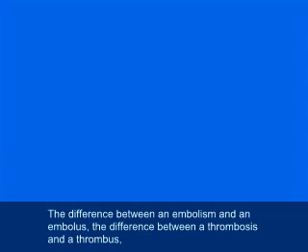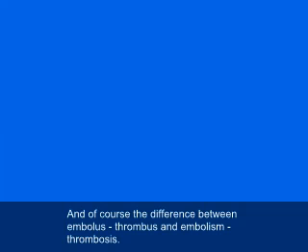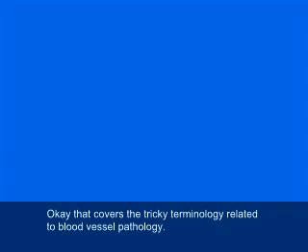The difference between an embolism and an embolus, the difference between a thrombosis and a thrombus, and of course the difference between embolus thrombus and embolism thrombosis. Okay, well, that covers the tricky terminology related to blood vessel pathology.